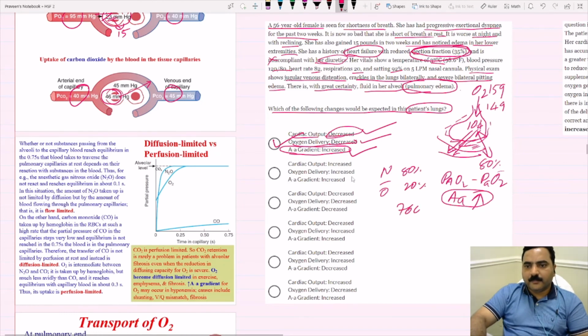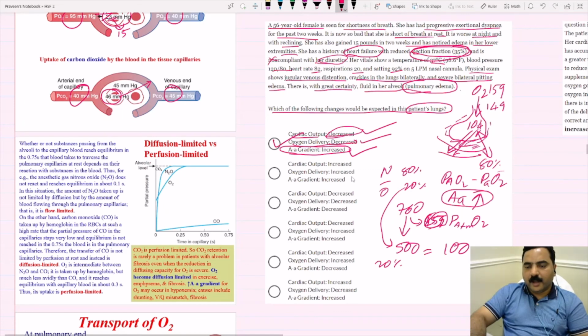In a normal atmospheric pressure, the oxygen contribution, the atmospheric oxygen, is 159. But if you go to high altitude, the atmospheric pressure becomes 500, so 20 percent of 500 is only 100.